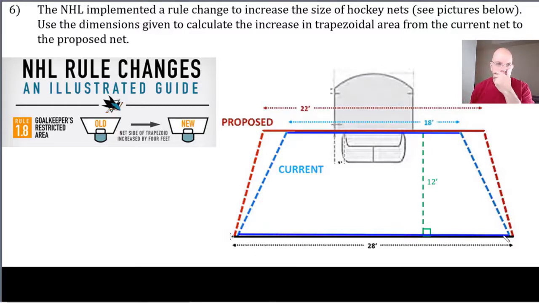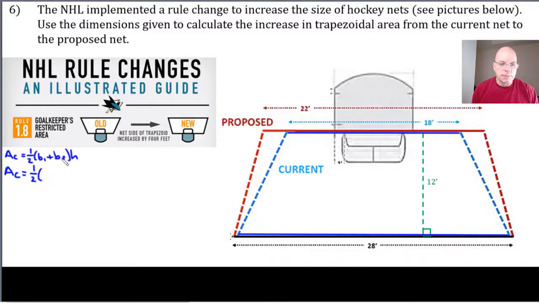So we're going to use subscript notation to first find the area of the current net. Area of a trapezoid is equal to 1/2 multiplied by the sum of the bases, base 1 plus base 2, multiplied by the height of the trapezoid. I'm using the subscript notation C for current, for the current net. And then I'm going to substitute the values.